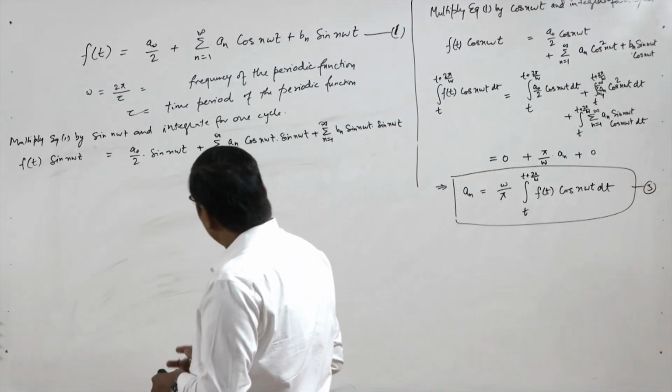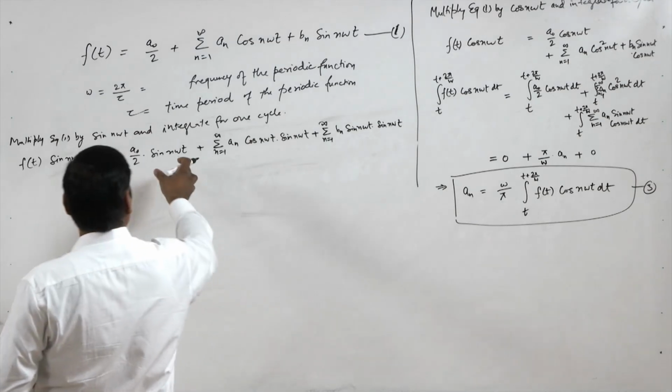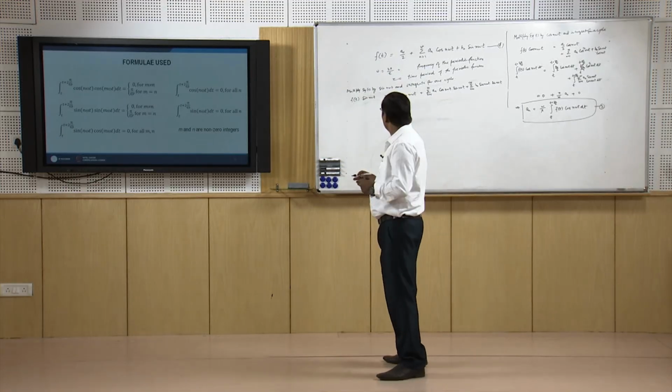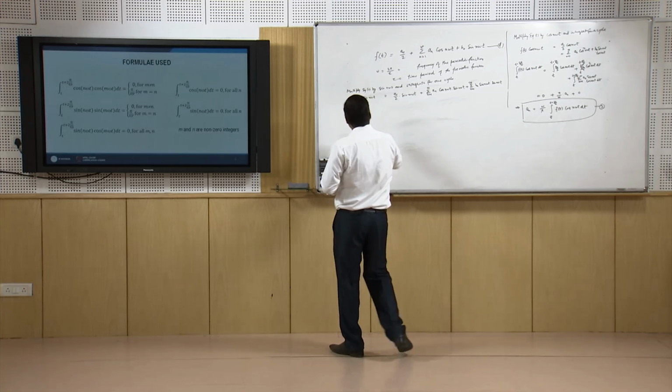Now, again we will integrate this equation from t to t plus 2 pi by omega, that is for one cycle.